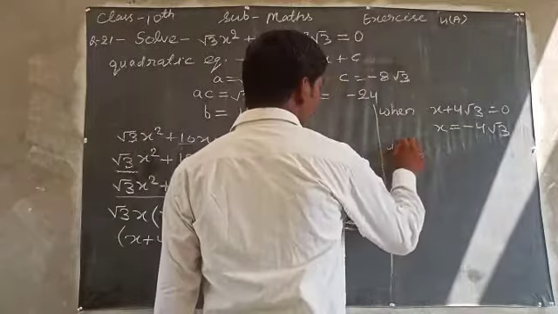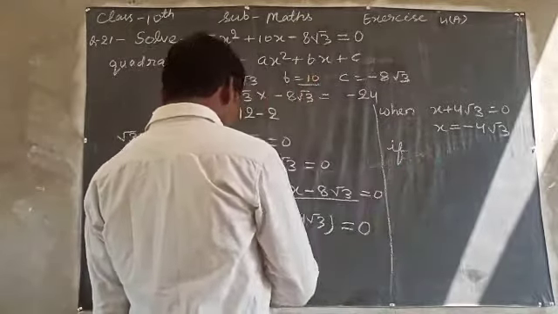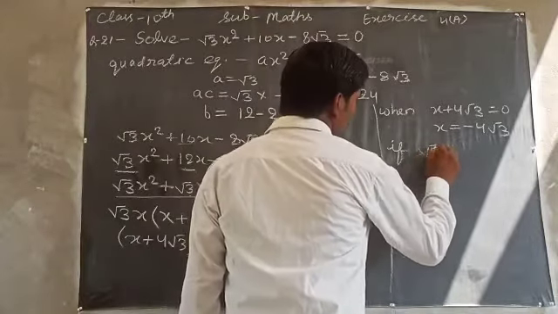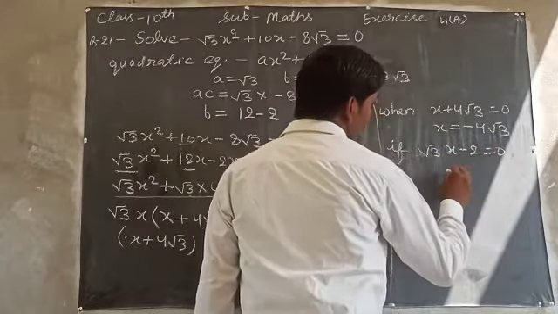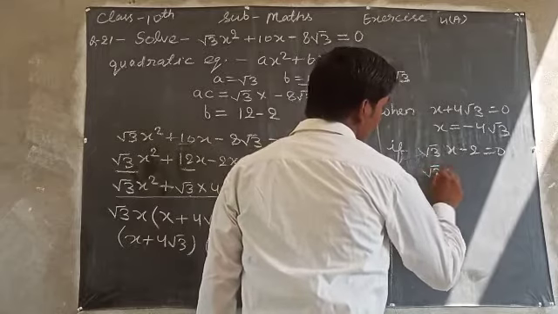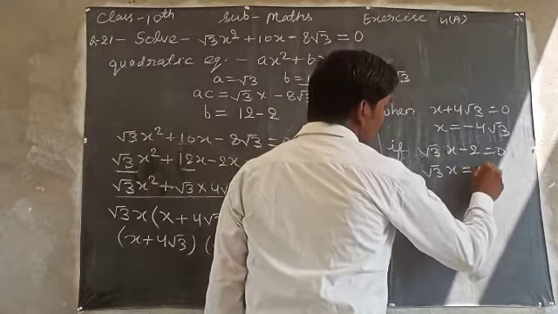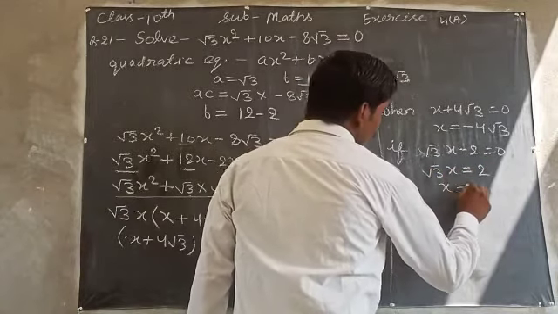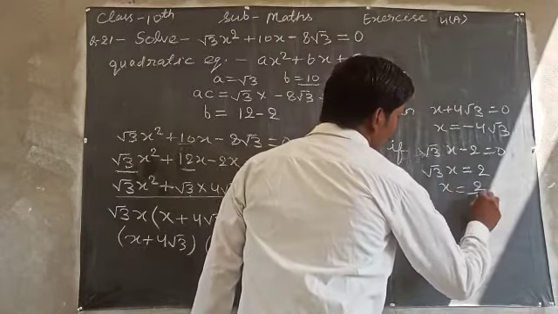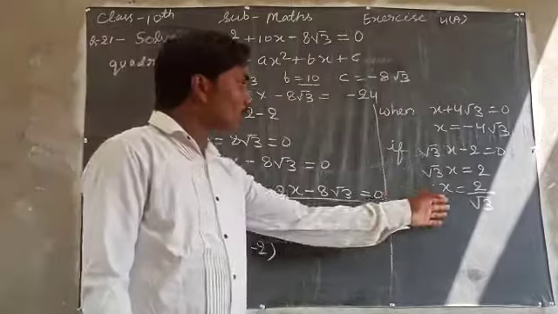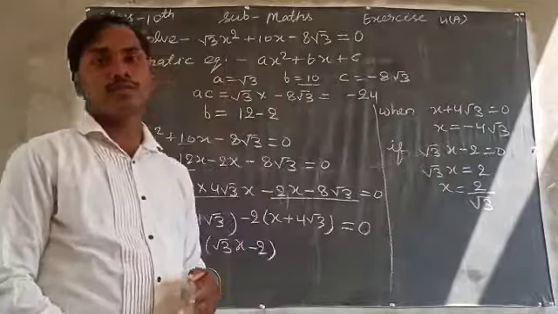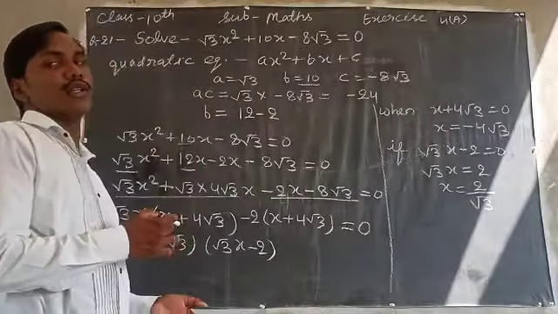And if root 3 x minus 2 is equal to 0, that time root 3 into x is equal to 2 and x is equal to 2 upon root 3. So these are the two solutions of the given quadratic equation.